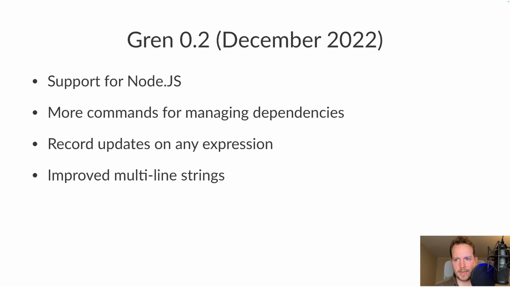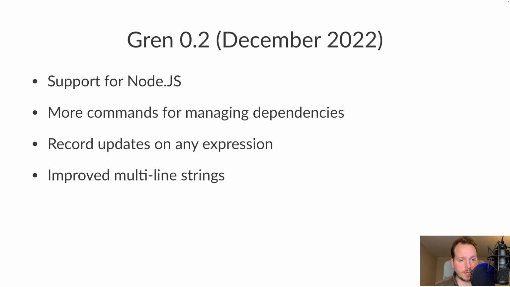So if you have a multi-line string and the string doesn't start from column 1 of your file, the indentation is carried over in the string representation itself. In Gren, starting from the 02 release, multi-line strings work the same way they do in Java, where leading white space per line is removed.